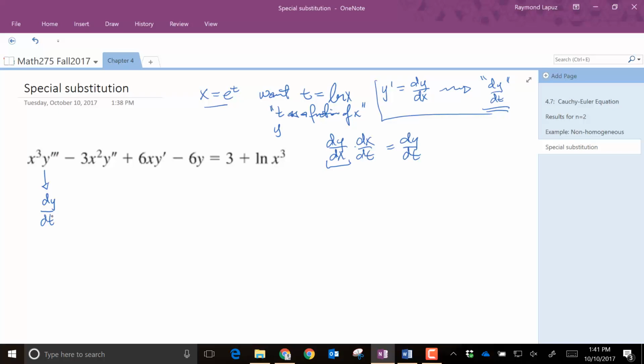Oh, yeah, we're not going to do it that way. The point in this is to make this substitution. By making this substitution, we're going to go back to the constant coefficient business and make it not a Cauchy-Euler equation anymore, but be able to solve for it the old way.